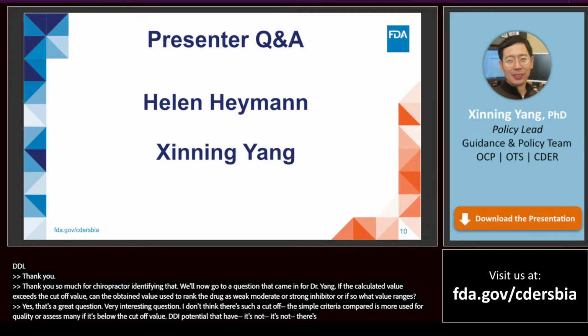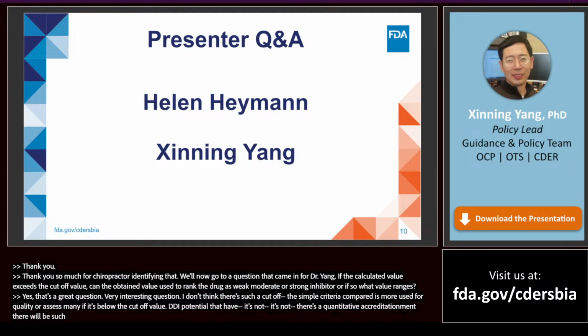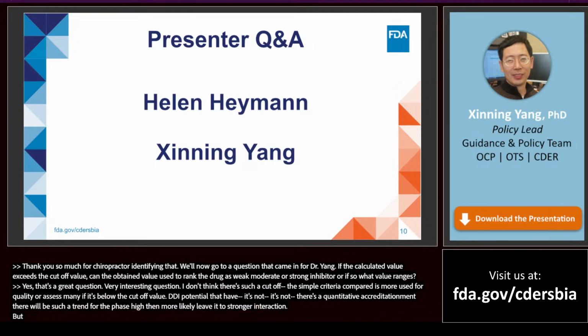I expect that in general there will be such a trend for the ratio. If it's high, then it's more likely to lead to a stronger interaction. But I don't know how well such a correlation holds, so that it can warrant telling whether this will be a weak, moderate, or strong inhibitor in vivo.